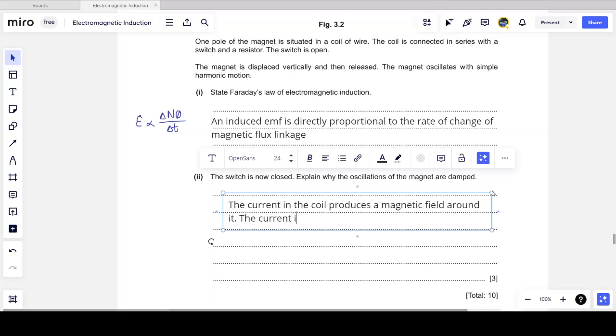Now the current induced in the coil, not the current that's generated by the power source, by the battery, but the current that's induced in the coil due to the changing magnetic field as the magnet moves relative to the coil. I can simply say the current induced in the coil due to the changing magnetic field of the magnet will, thanks to Lenz's law, oppose the motion of the magnet.